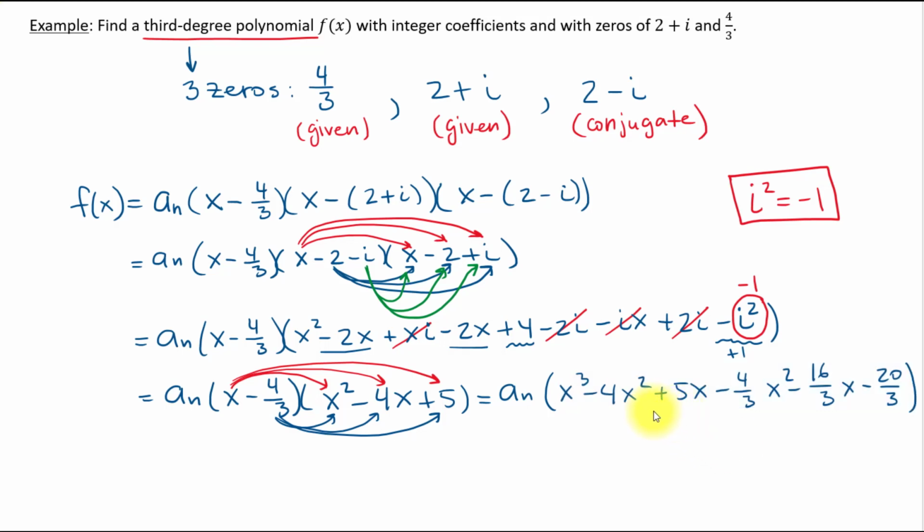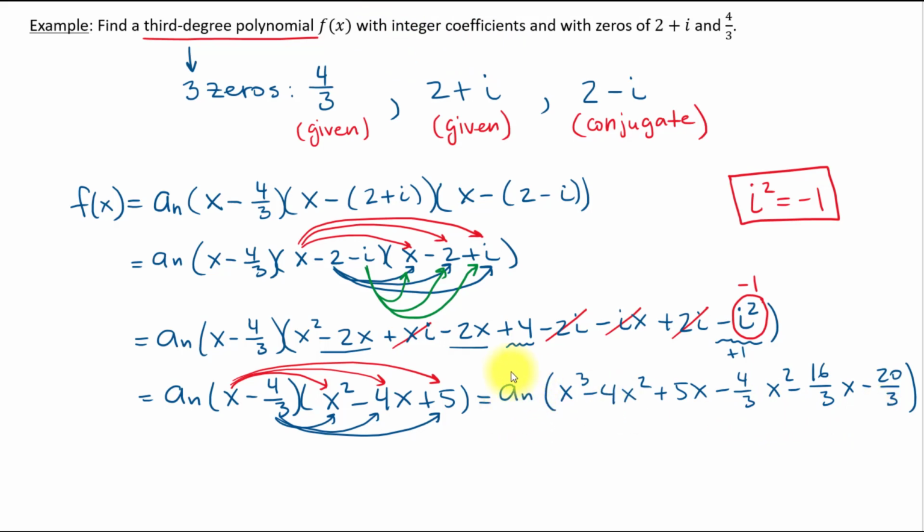And even though I can combine like terms here, at this point, to avoid working with fractions, I'm going to think about the leading coefficient and apply it. What should be the leading coefficient? Well, remember how in the problem it says that we need to find a third-degree polynomial with integer coefficients. That means that they're not fractions. And here, obviously, I do have fractions.